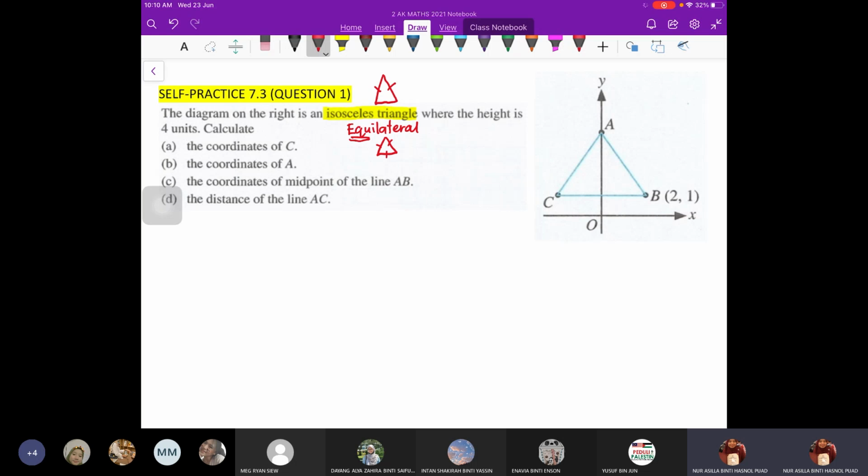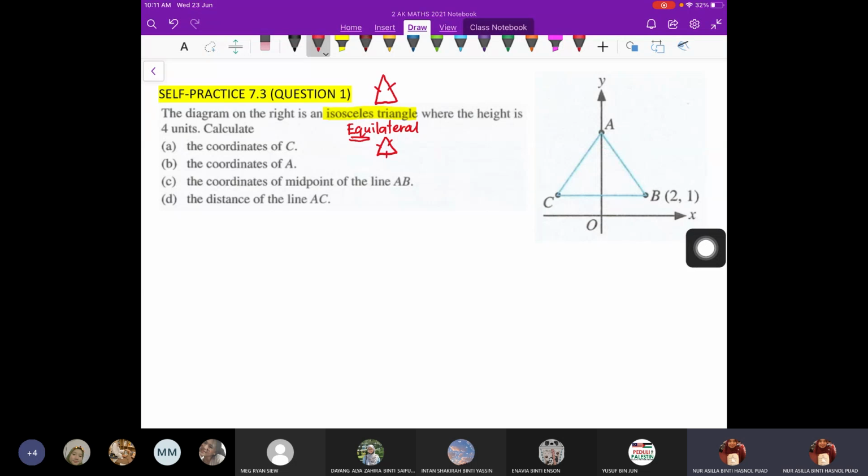Okay, so the diagram on the right is an isosceles triangle where the height is 4 units. So dia dah tunjukkan ni A, B, C. Height dia adalah 4 units. Okay, so kita assume kat sini height dia.